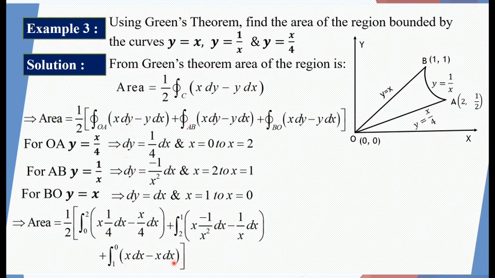So x dx minus x dx. Now see, this is x by 4 and this is also x by 4. So the entire function cancels out.